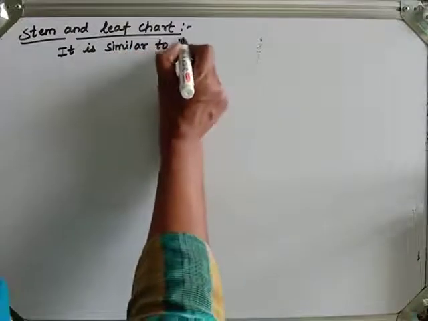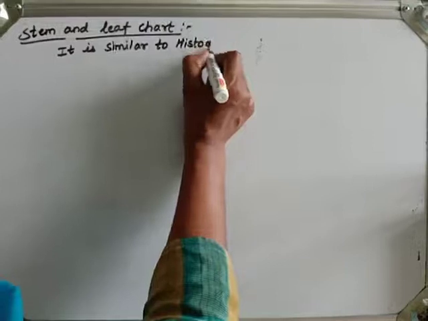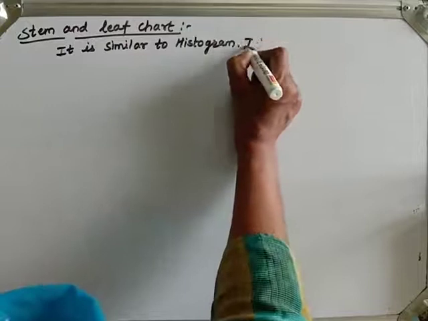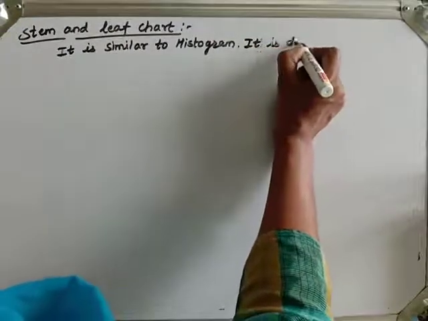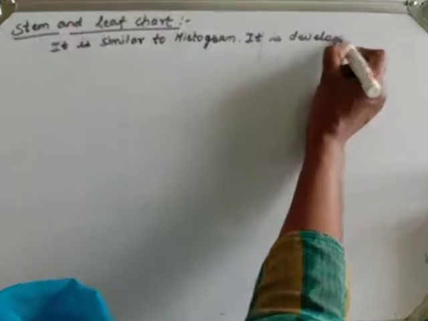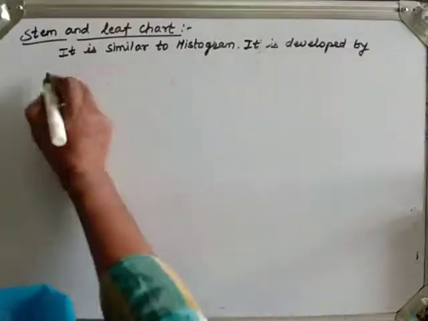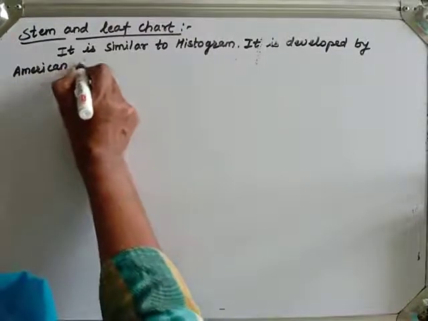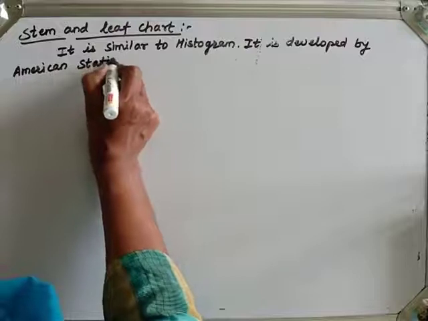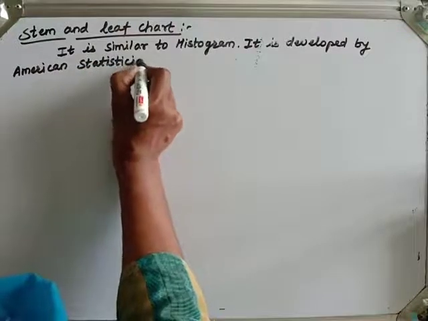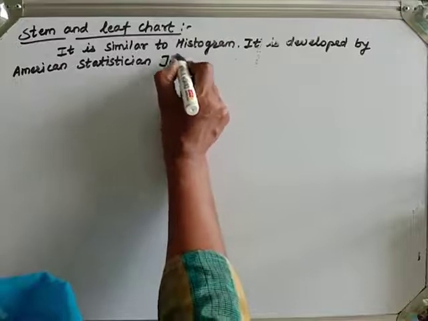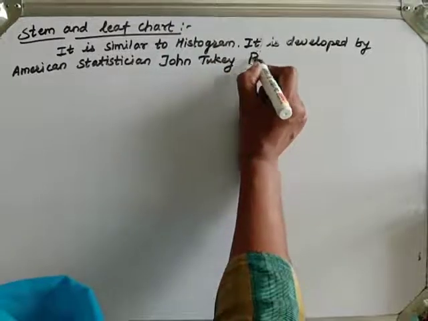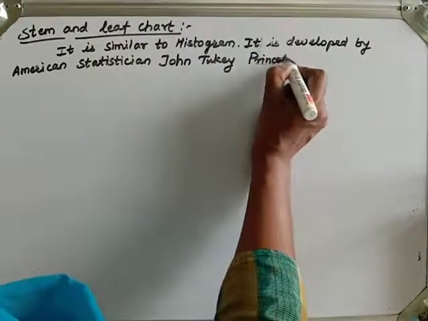It was developed by the American statistician John Tukey. He is from Princeton University.